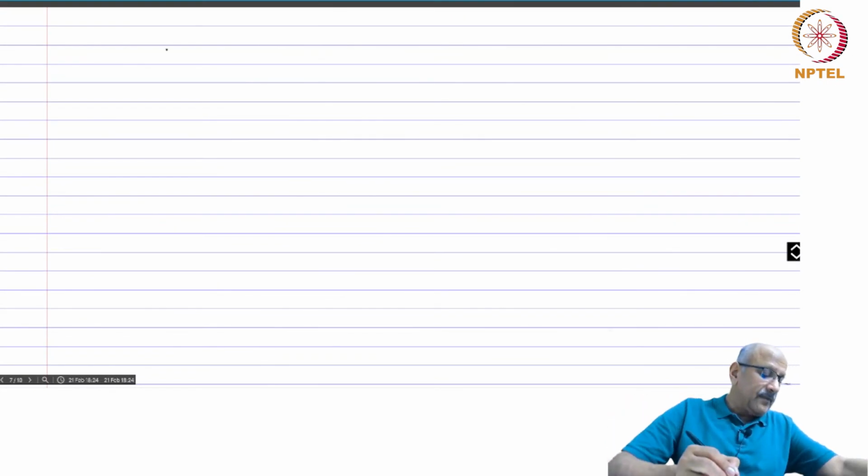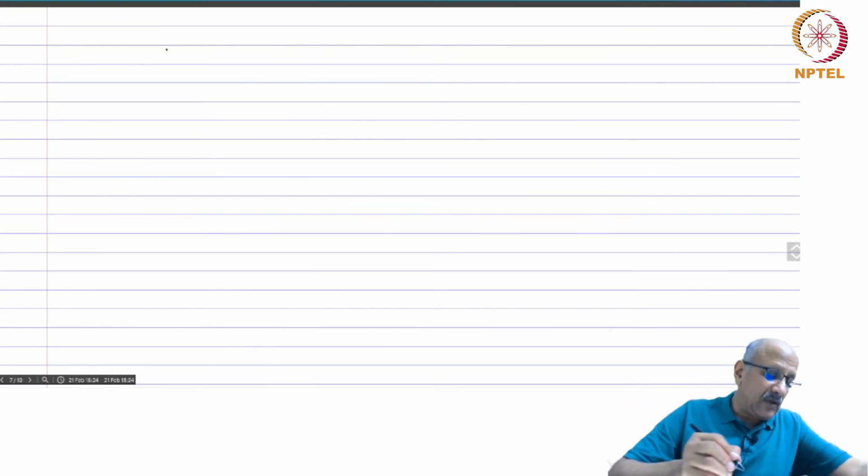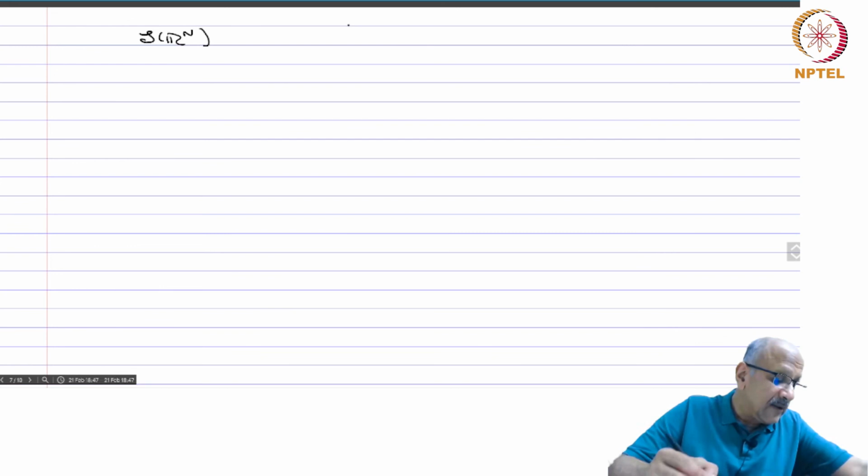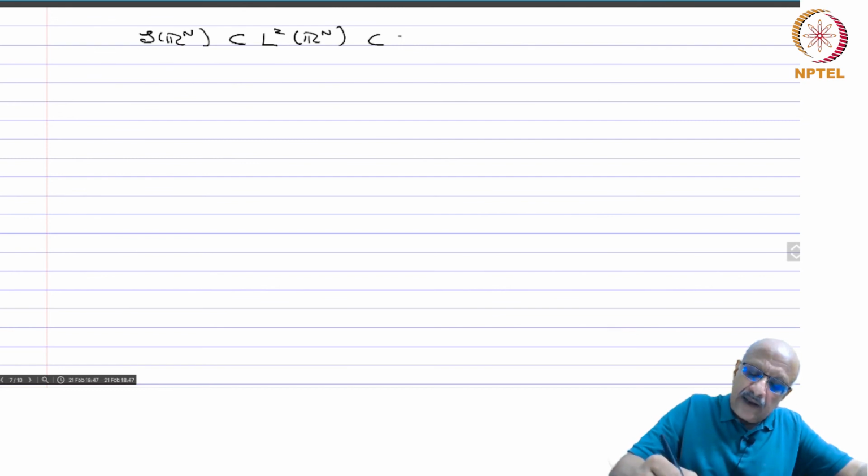So finally we conclude this section with one more question of consistency. S of Rn, we already saw, had two definitions of the Fourier transform, one from S dash and one from L1, and we saw that those two definitions were consistent. Now S of Rn is contained in L2 of Rn, which is contained in S dash of Rn.